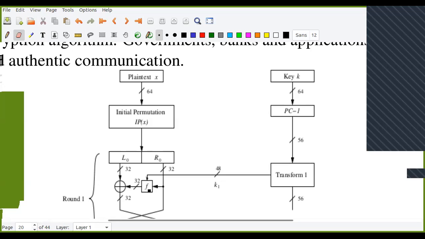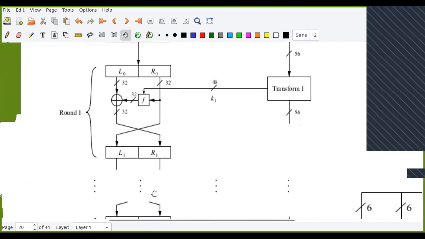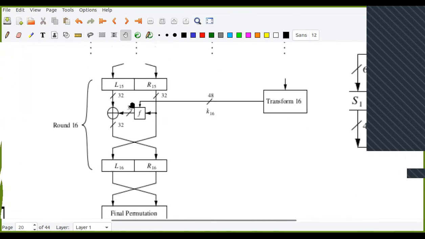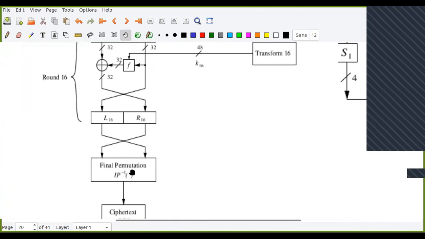And now it will do something with F. But here we have only 32, and here we are coming with 48. What to do? How do we do something to 32 and 48 to get 32 again? And the 32 is XORed and we'll get the second part. Like that it will go to the 15th round, then the 16th round, and then the final permutation.